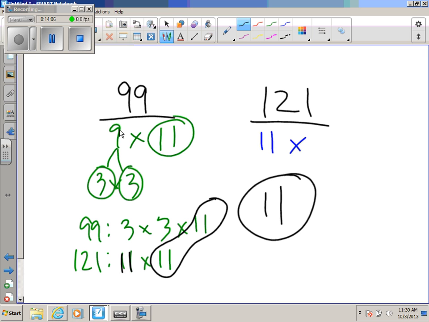They just have one 11 that's in common. We don't match up the... In order for you to match up to 3, this is for the same number. They have to have it, like the 121 has to have a 3 somewhere. It doesn't. Okay? In common with the other. So this has 2 3s, but it's with the 99. It doesn't really matter. Okay?